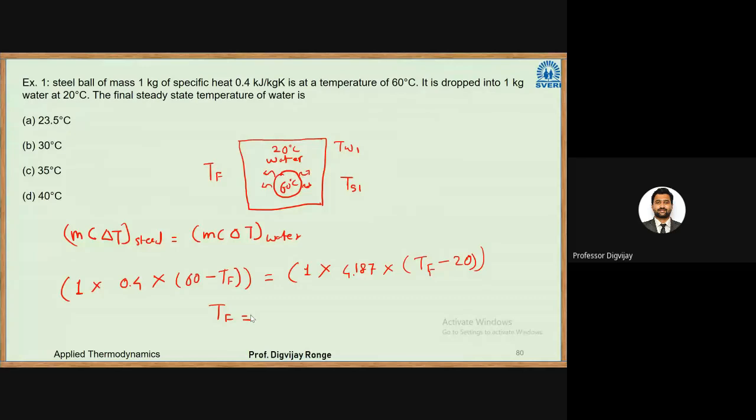Only one answer is there, option A. Others, please cross reference or verify it.